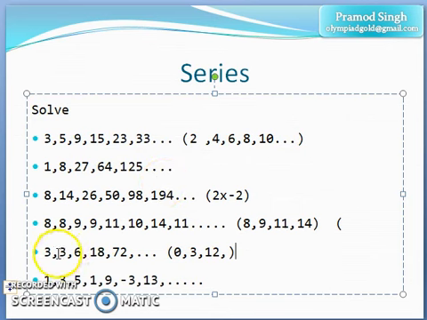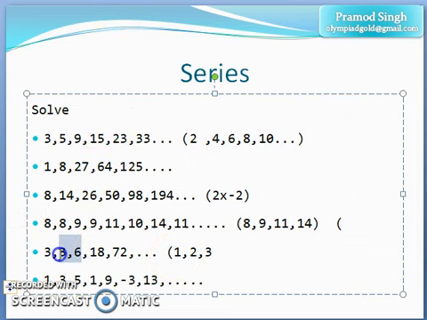Geometric series, what's the multiplication? Here the multiplication, first one is 1, the second one is 2, the third one is 3. I'm talking about the first one in between these two, that is 1.